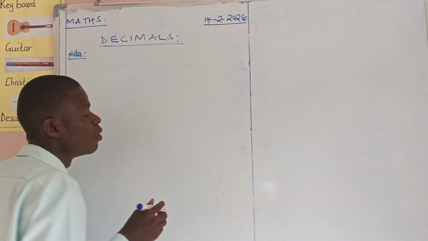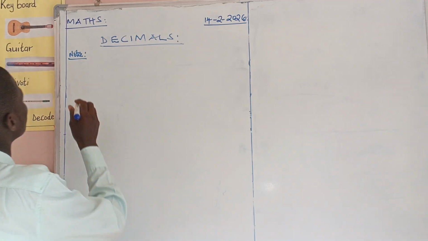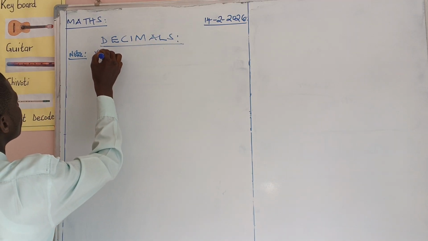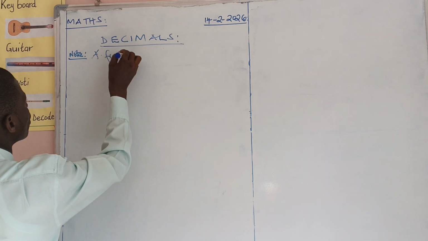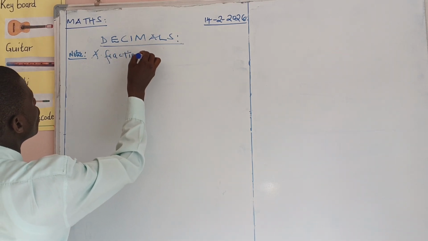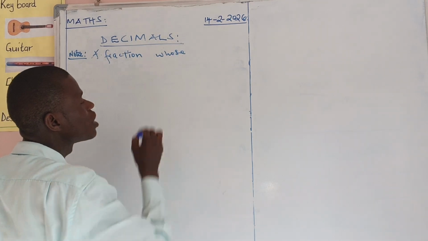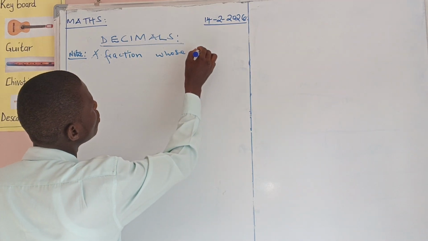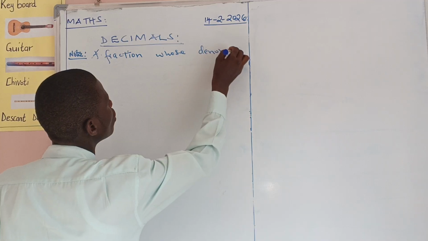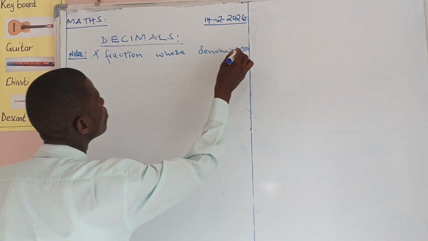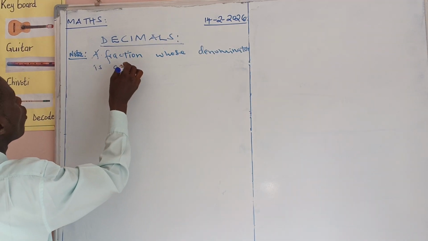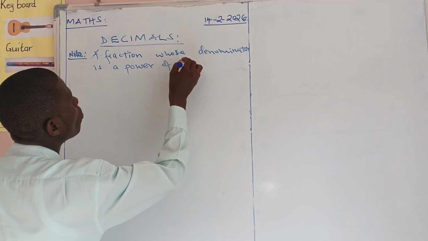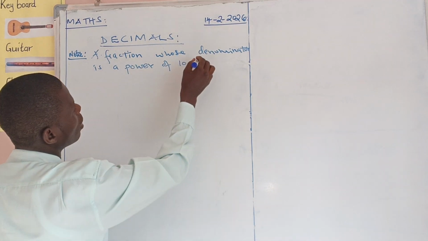Now, without wasting time, we can say a decimal is a fraction whose denominator is a power of 10. So power of 10, what do I mean?